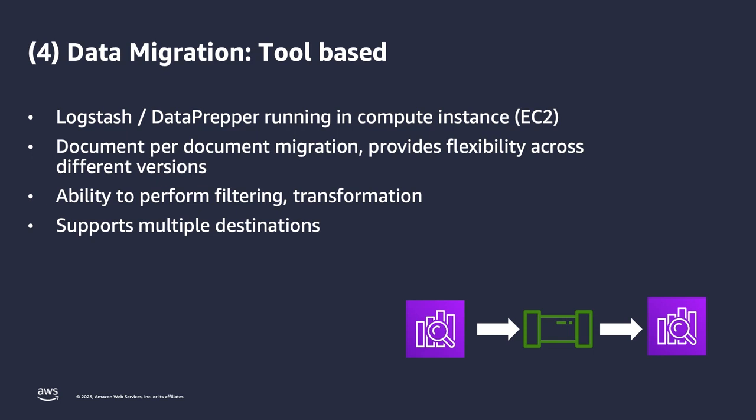Data Prepper, on the other hand, has a managed service option that we discussed earlier called Amazon OpenSearch Ingestion. So if you have your pipeline built on top of tools like Data Prepper, you do have an option to use a managed service version of that.